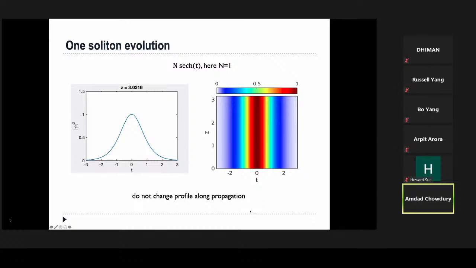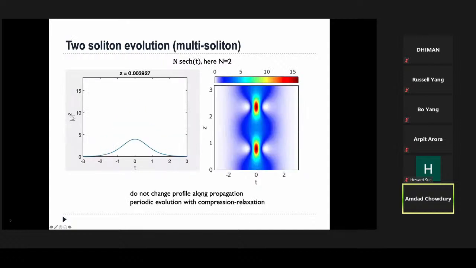This is the two pi propagation along the evolution. And here is the superposition, called the second order soliton solution, and it moves periodically. There is a bit of compression, decompression, and compression again. So it moves periodically, like this.